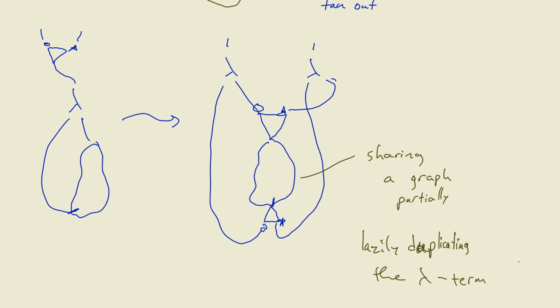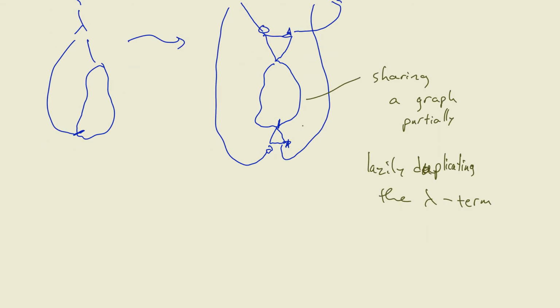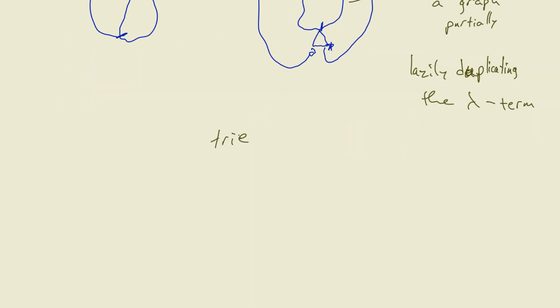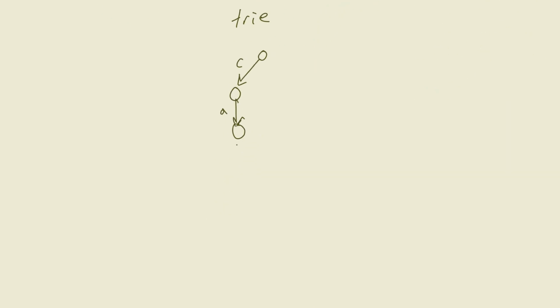I admit, when I first saw this, I was thinking about tries, which I like, this trie data structure. When I teach tries in undergrad class, you're always saying, well, tries let you share common prefixes. So if you had cat and catch, for example, a trie mapping cat to 1 and catch to 2, that's great.